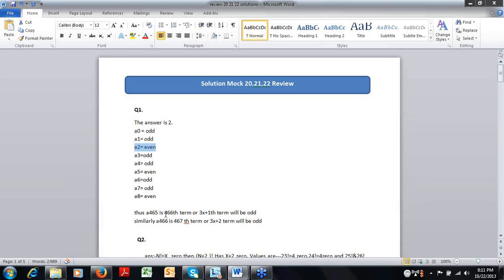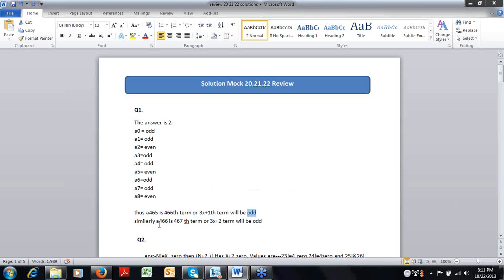If the term plus 1 is a multiple of 3, because it's starting from 0, so 0, 1, 2, the third term from 0 is an even number. So a465 is the 466th term because it's starting from 0, so it will be the 3x plus 1th term. So it will be odd.